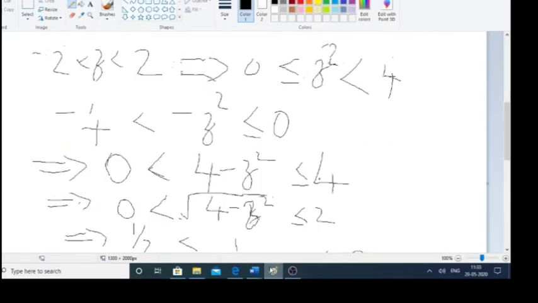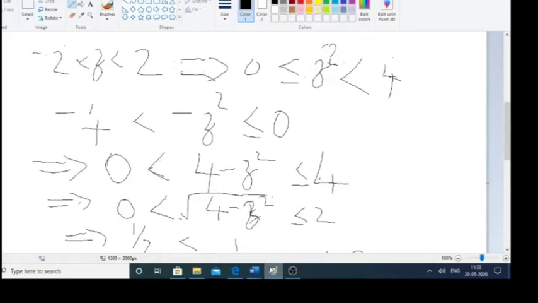Now minus 2 less than z less than 2 implies 0 less than or equal to z square less than 4. Now we take its negative: minus 4 less than minus z square less than or equal to 0.